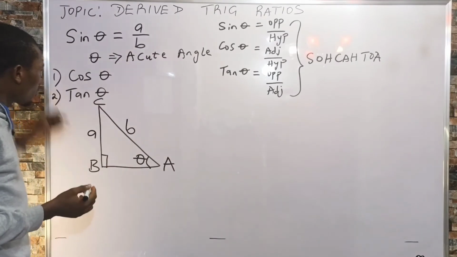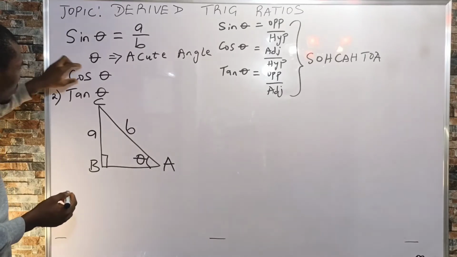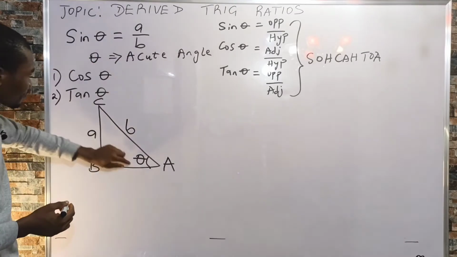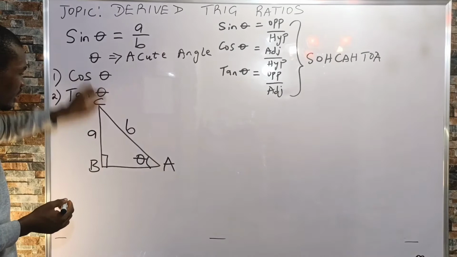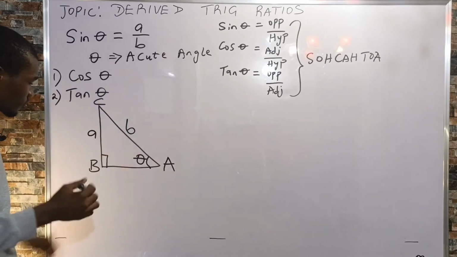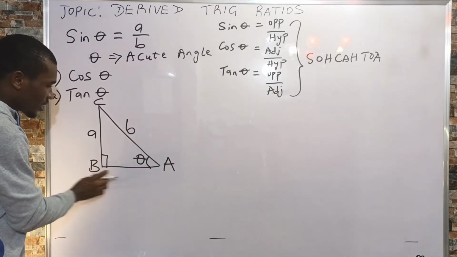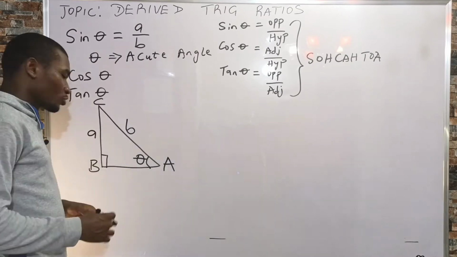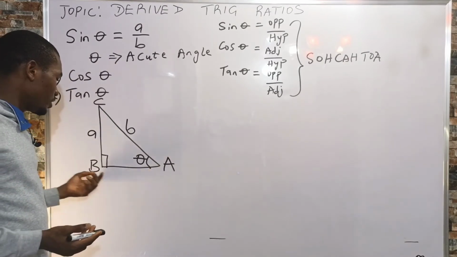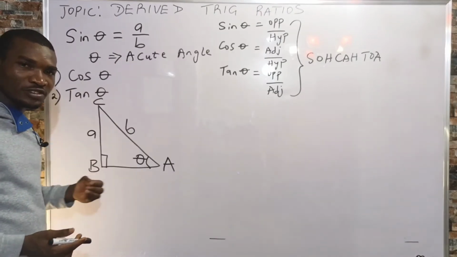So obviously, before we can find the cosine of this angle theta and the tangent of this angle theta, we shall first of all find the remaining side, which is side AB. To find our side AB, we shall use Pythagoras theorem.